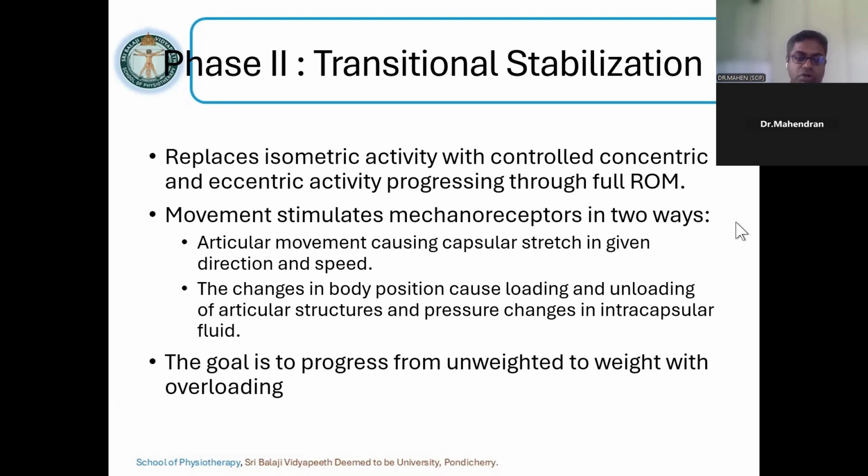The main goal of transferring from isometric to isotonic is to progress from unweighted to weighted. In isometric, we use only a minimal amount of force, but in isotonic, we are increasing the threshold of exercise. We are using the concept of overloading.